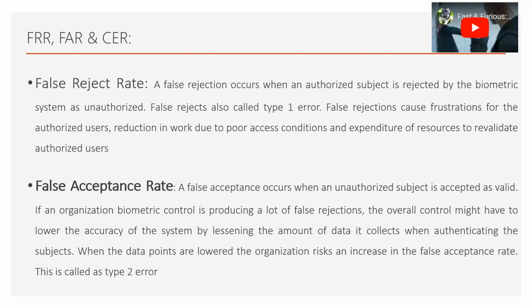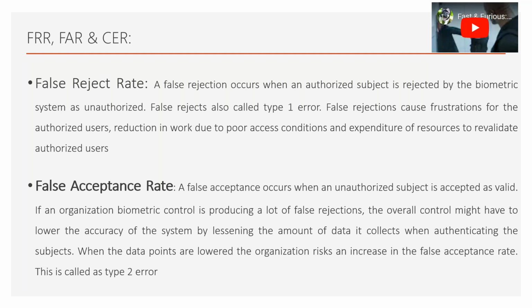This is where an authorized user is not accepted by the system. Say the day you are getting late for your office, your fingerprint authentication will not work. Your office timing is morning 9 o'clock and you have to punch at 9.